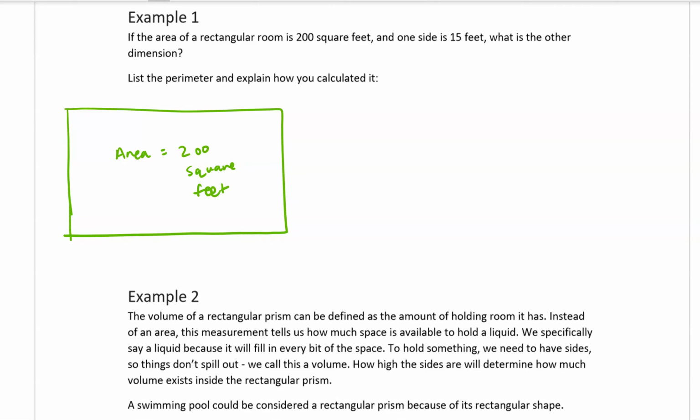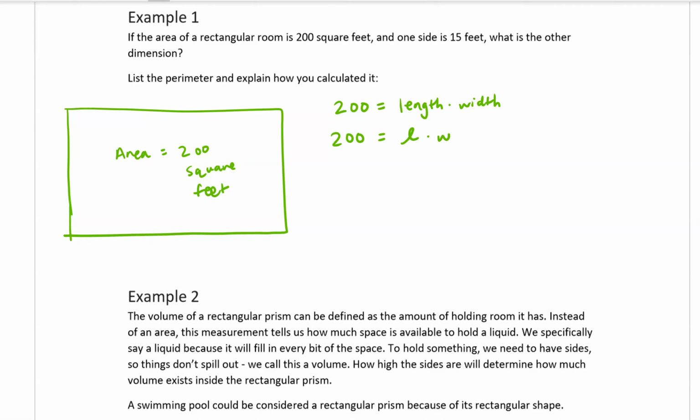That means that the length times the width is equal to 200 square feet. So 200 is equal to the length times the width. I'm just going to write those as L times W.